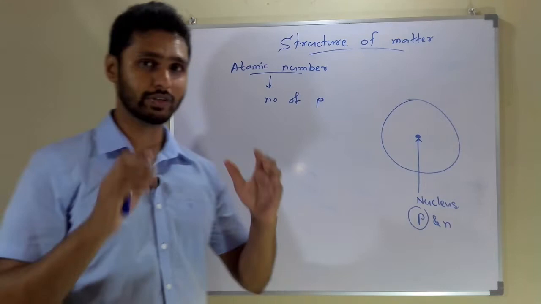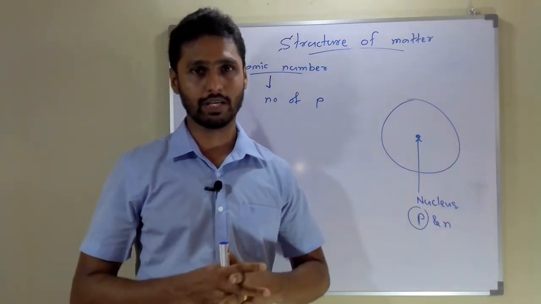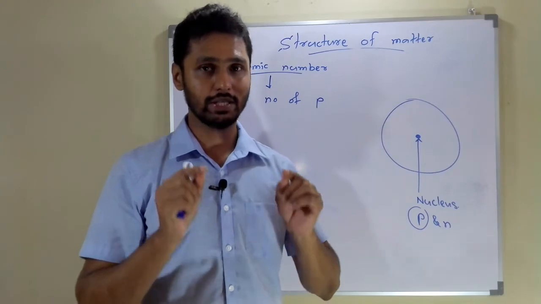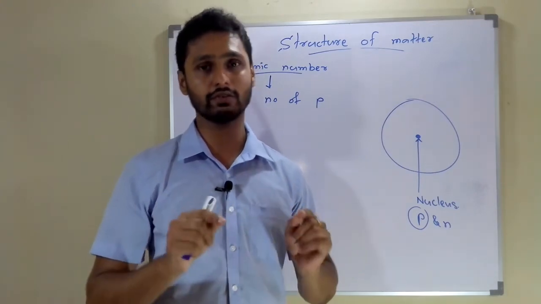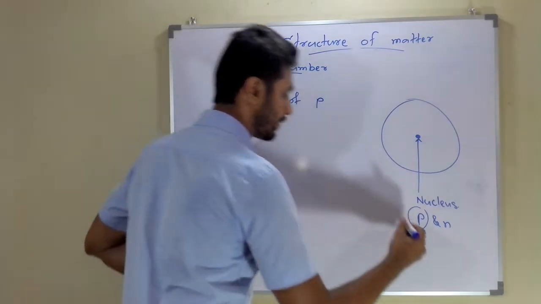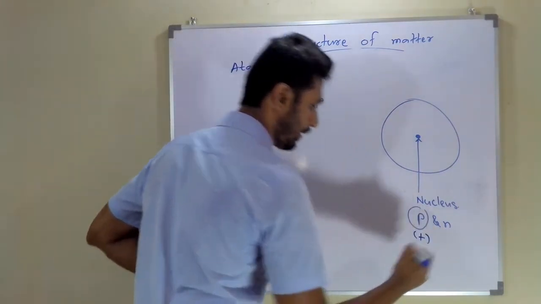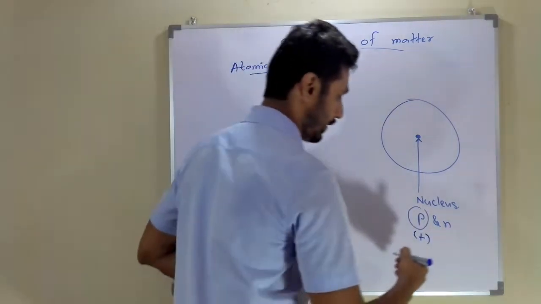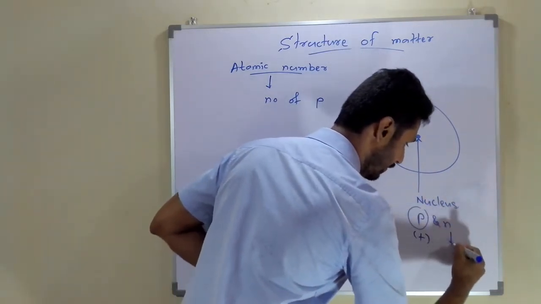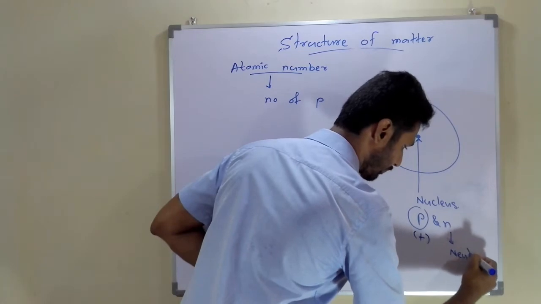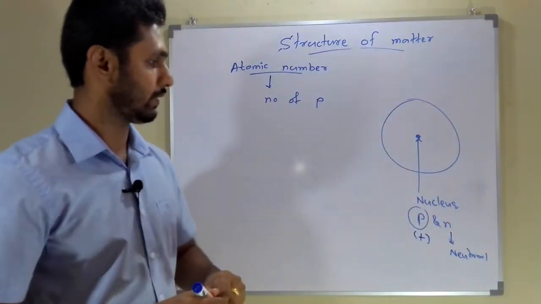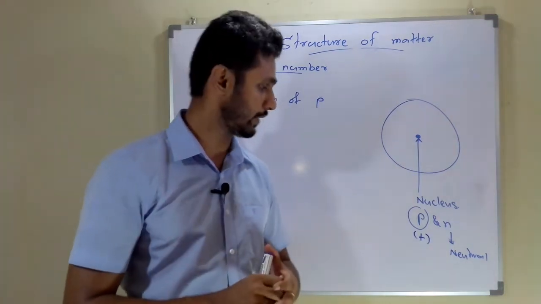If you consider a neutral atom, it should have an equal number of protons and electrons, because you know protons are positively charged and neutrons are neutral. Before that, I will tell you something.